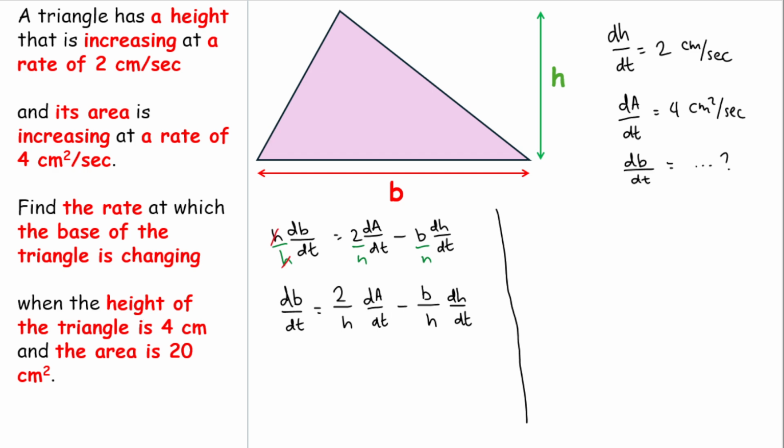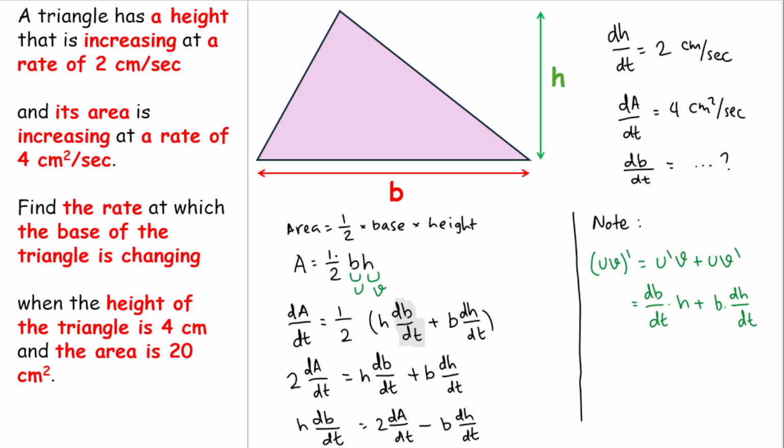Now when this happens, we need to find out when the height of the triangle is 4. Okay, so we'll have when h is 4 and the area is 20 centimeter squared. However, we need to find out what is this b, right? Because we already have the height, dA/dt also we have it, and dh/dt we also have it. So what we don't have is the base here, but we can use the formula from previous, right?